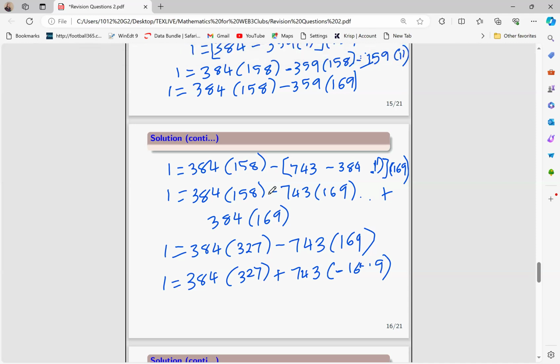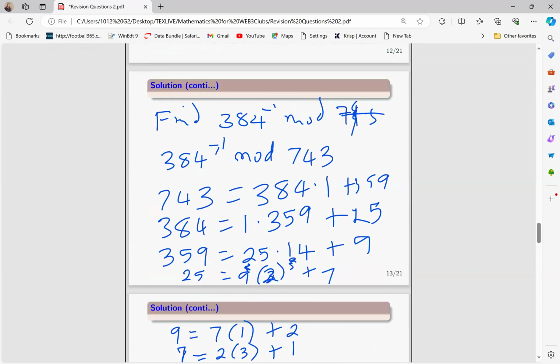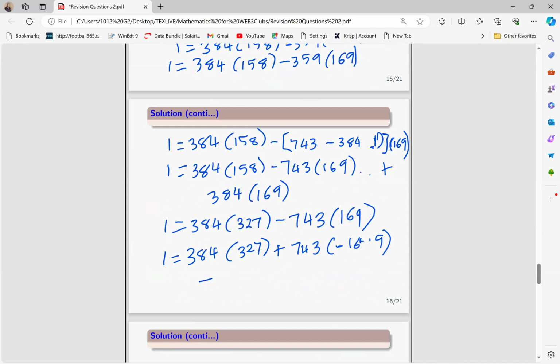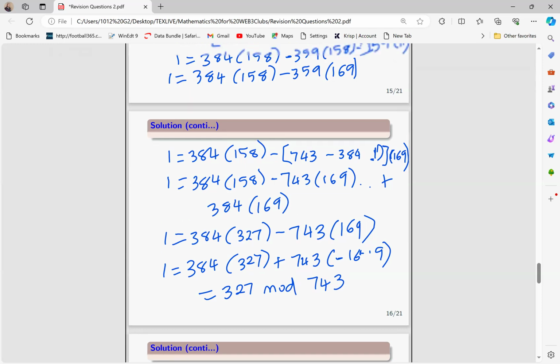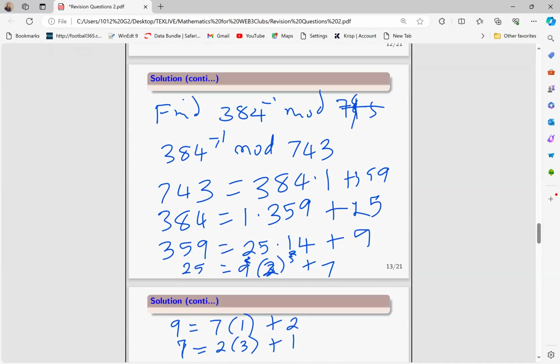So we're finding the inverse of 384. So that's 327. She says it was what? Let's just multiply and see. But if it's not, then we'll check where the mistake was.